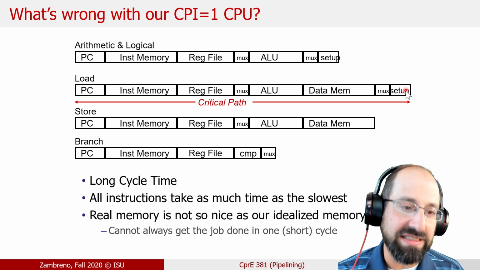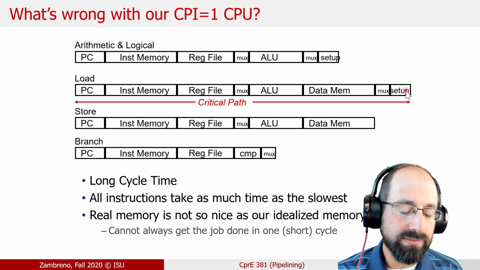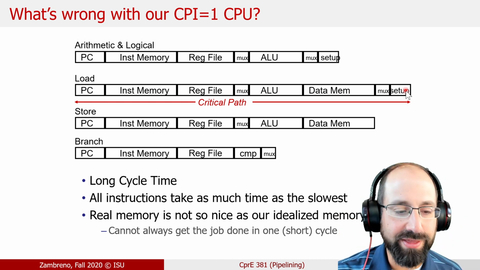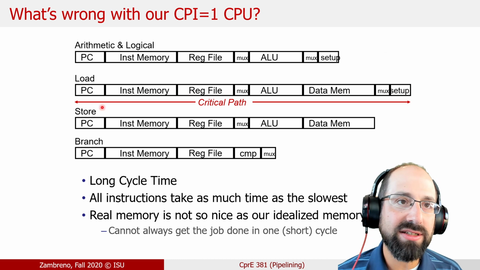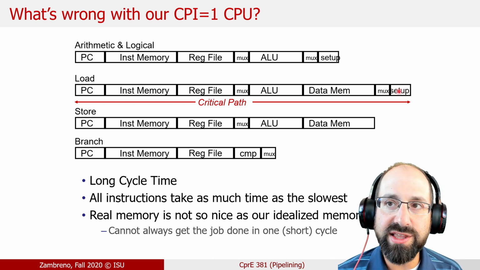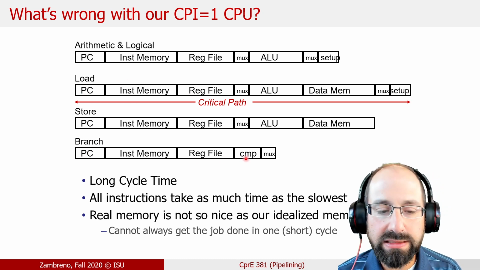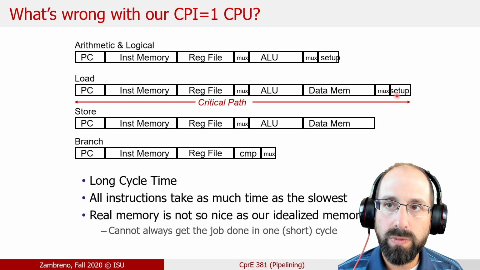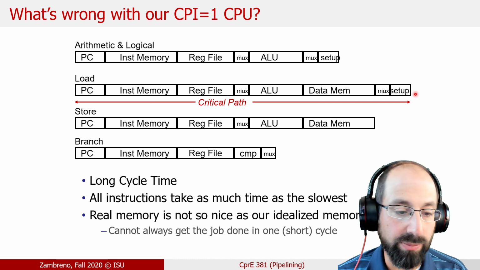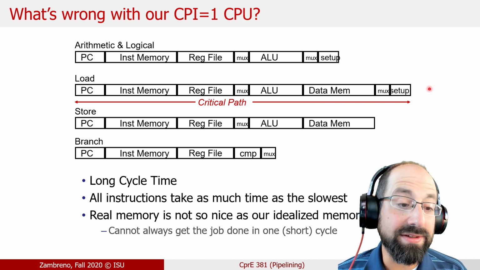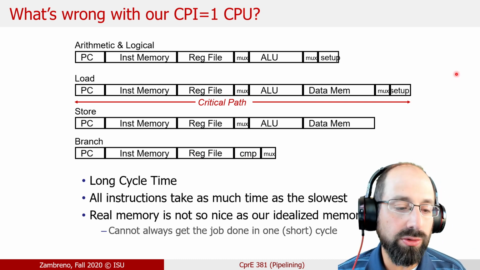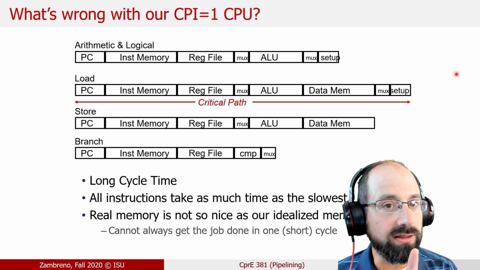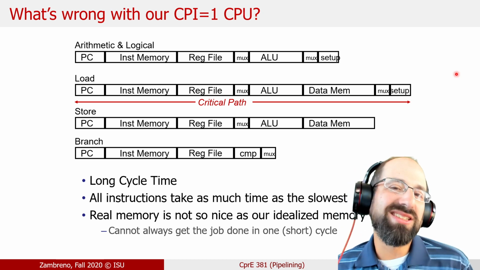But for a traditional design, that critical path dictates our clock cycle time, and every instruction then, whether it needs that entire time to execute or not, this one certainly wouldn't, is going to execute in the time associated with the critical path instructions for our implementation. So we have a CPI equals 1 CPU in our single cycle implementation. Each instruction takes 1 clock cycle, but it's a relatively slow clock cycle.